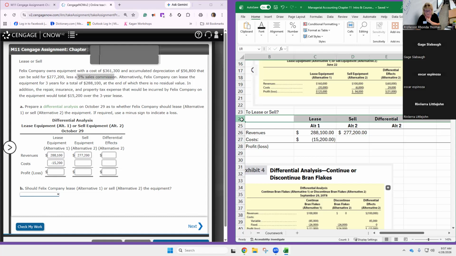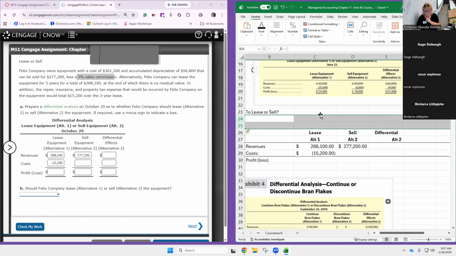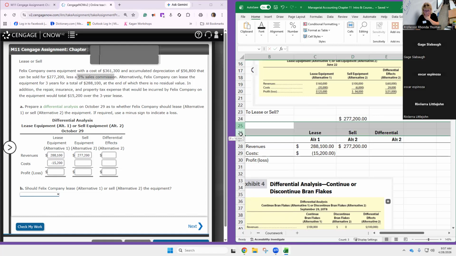So I am going to move this down a minute, and I'm going to put that number up here because the result of that number is going to go right here. They said that the sales price here is 277,200. And then we want 5% of that for commissions.